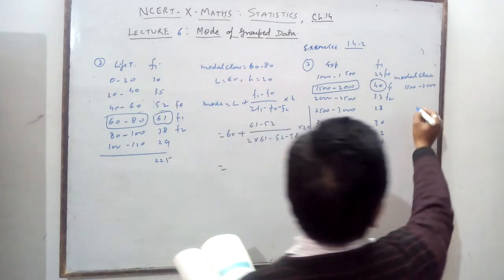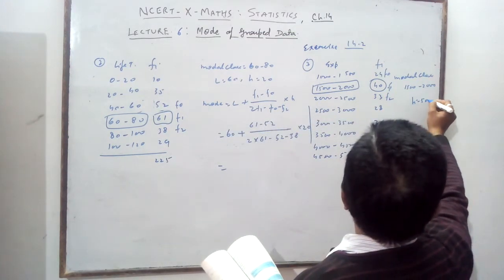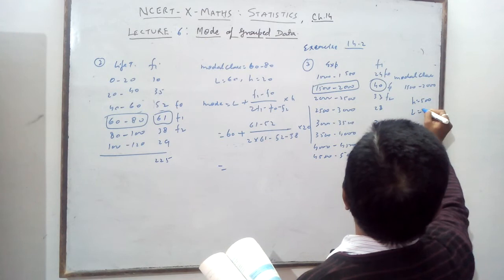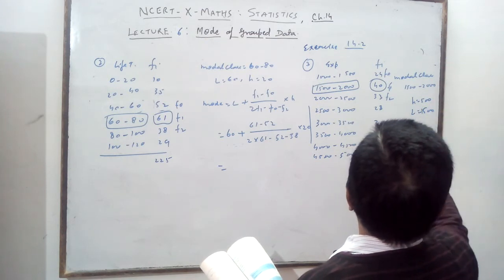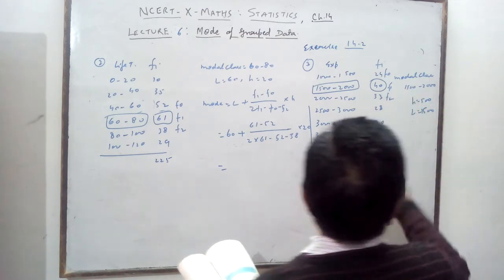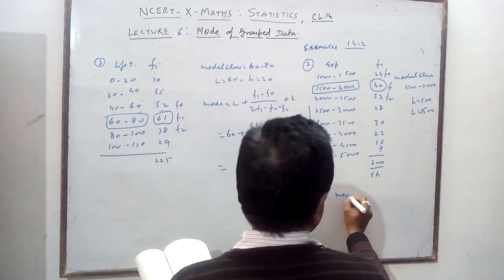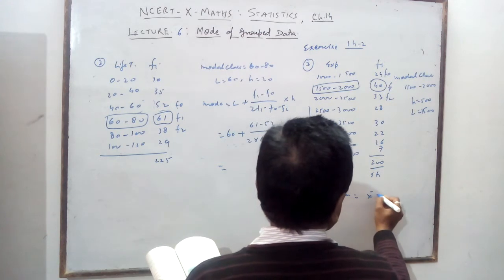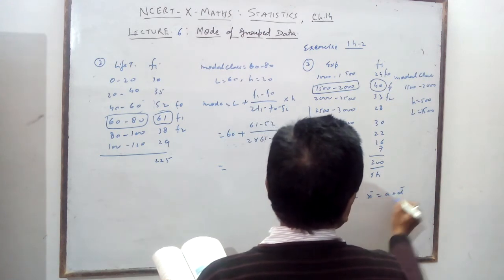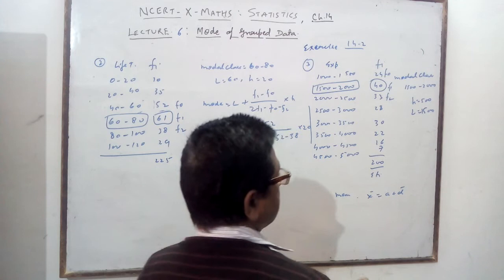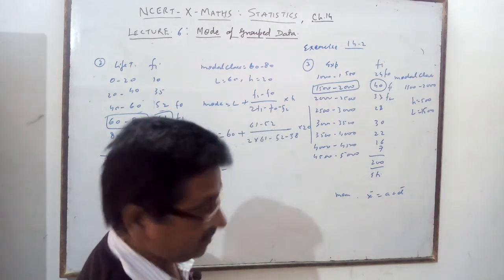The H is 500, L is 1500. Then you calculate the mode. For the mean, apply x bar is equal to a plus d bar. Apply this formula, find the mean and compare the result.